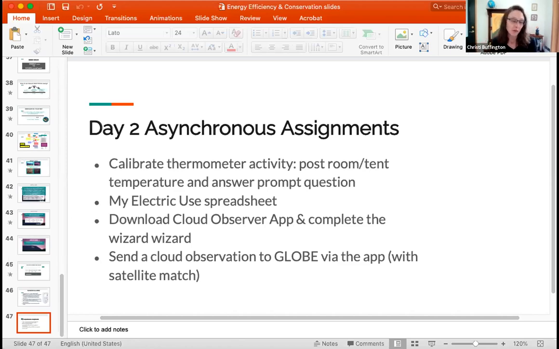Globe also, if you can't get out to do a satellite match, Globe is really happy with solar noon observations when the sun is at the highest point in the sky. And there are local solar noon calculators on something called mynasadata.gov.